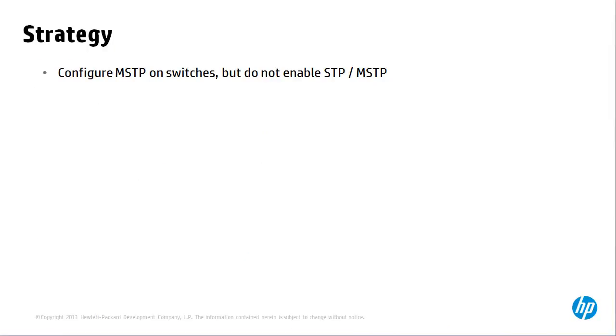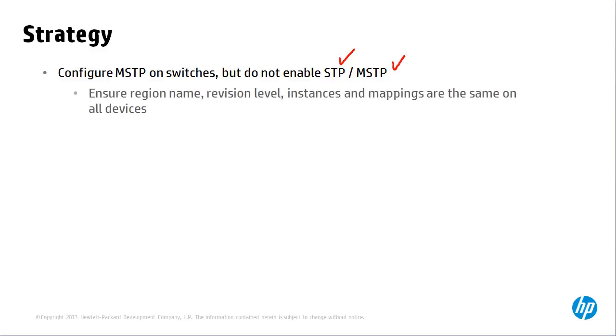So the strategy for this implementation is to firstly configure multiple spanning tree on all the switches, but not enable spanning tree on the Comware devices or enable multiple spanning tree on the Cisco devices. We want to ensure once again that the region name, revision level, instances and mappings to instances are the same on all the devices.